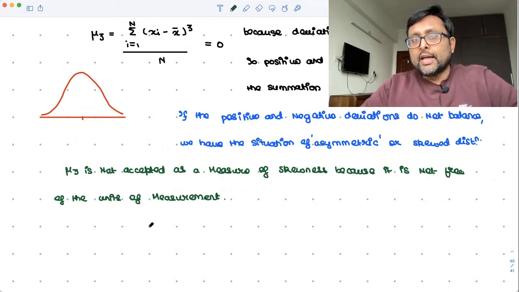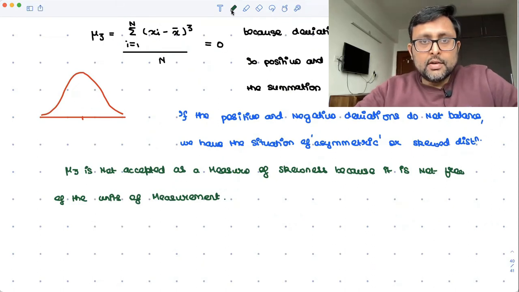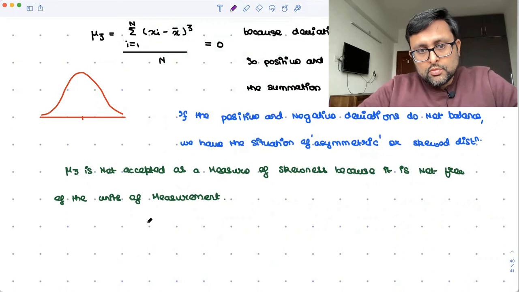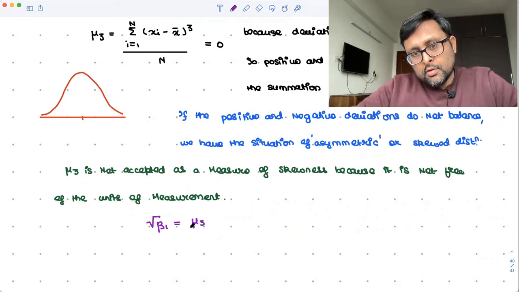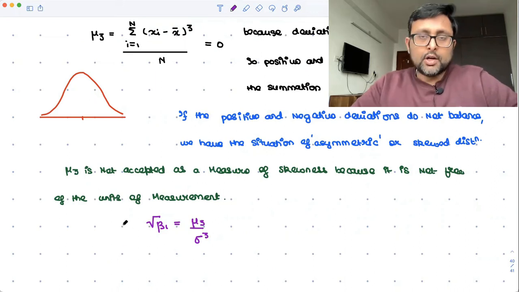So if you want a scale-free measure, which is free of the units of measurement, what you do is divide this mu3 by sigma cube, right? You define another measure, which is called root of beta 1, which is mu3 upon sigma cube.